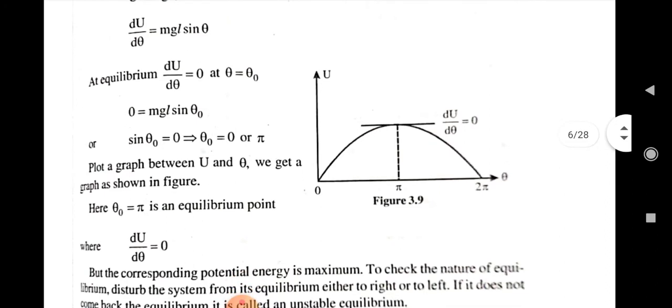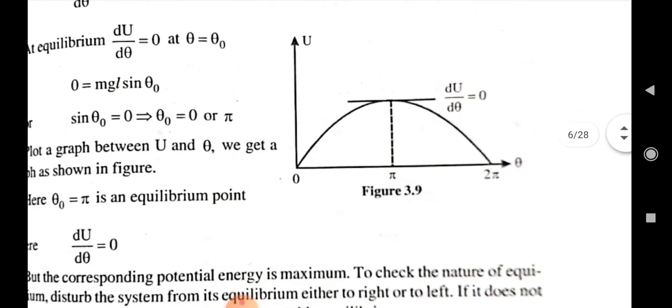For this, look at the figure. Here also at a particular point we have du by d theta, instead of x, we can discuss it later. du by d theta is equal to 0. But on either side we have d square u by d theta square.